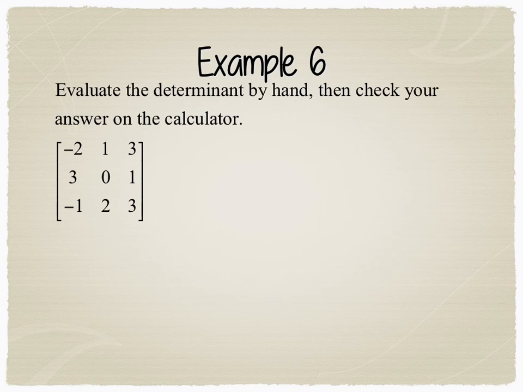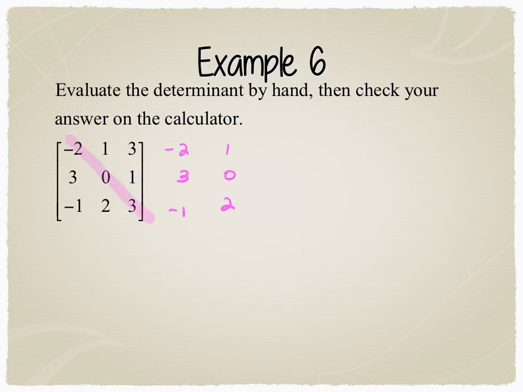Okay, so again, evaluate the determinant by hand, and then you can check it on your calculator. Sophia, the calculator part or the actual is duplicate those first two columns, -2, 3, -1, 1, 0, 2.